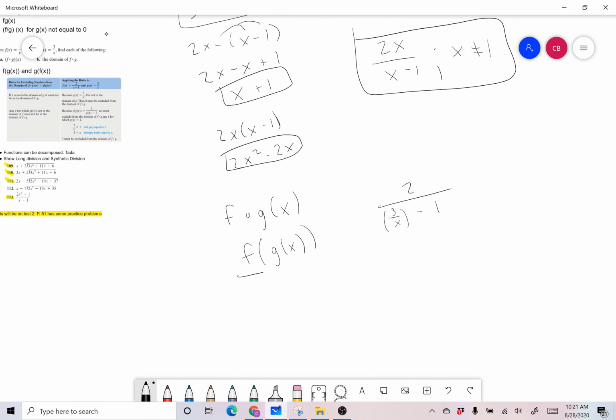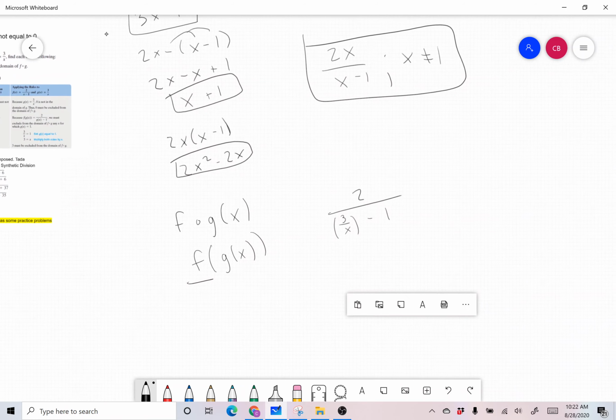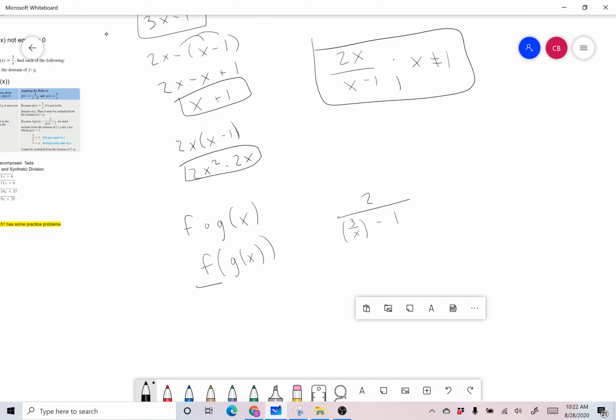Now it says find the domain of f of g of x. So find the domain of this thing. Well, first things first, you can't plug 0 in. x is not equal to 0 right off the bat. And then x is also not equal to 3, because if you do 3 divided by 3 minus 1, that is 1 minus 1, which is 0.